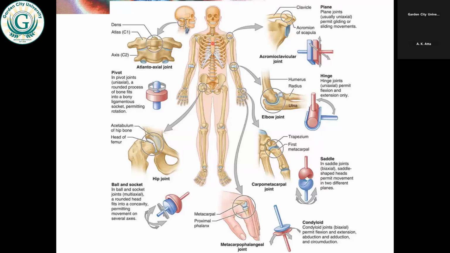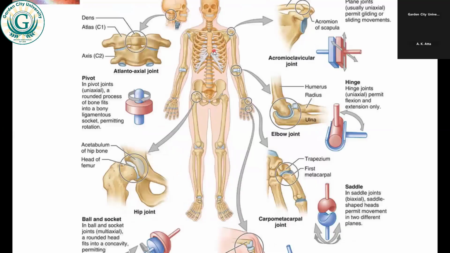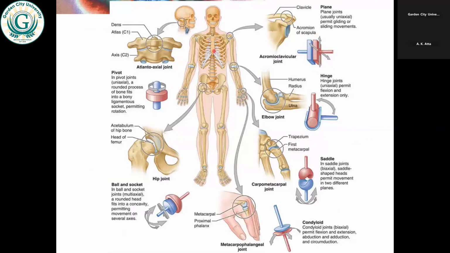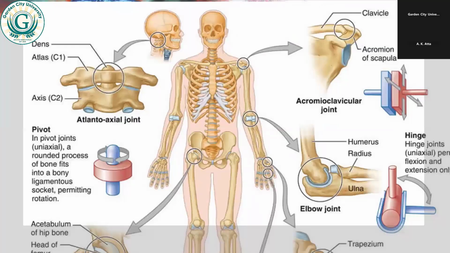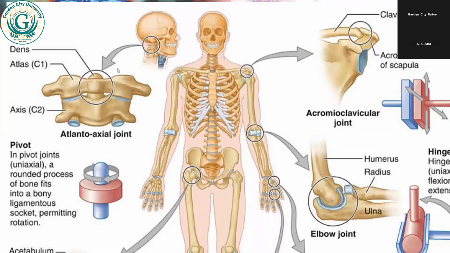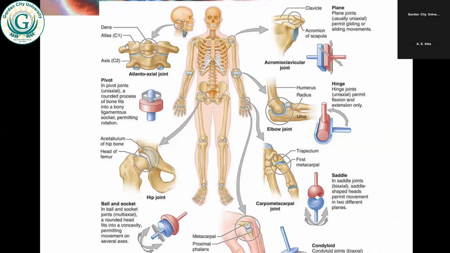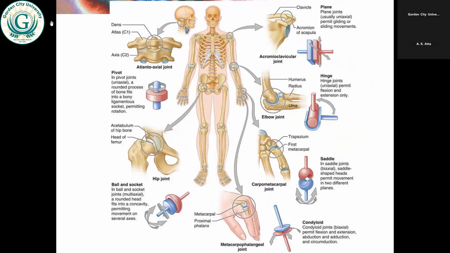Our second to seventh sternocostal joints are also plain joints, because the articular surfaces are flat or slightly curved. So they are plain types of joint.